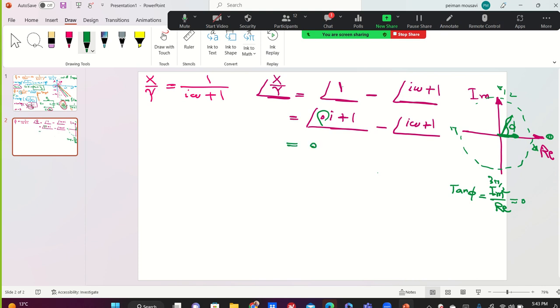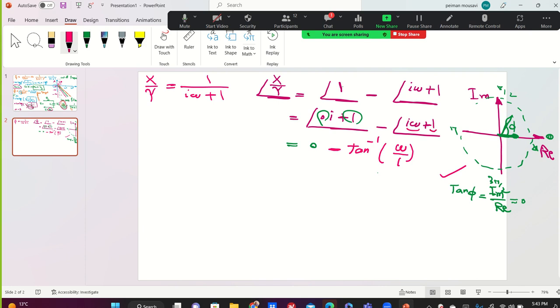Here we go. Angle 0, because this is here. Number 1. Understand what I'm talking about? Yes? Stop me if you don't. Now let us go for this. Minus, as I told you, tangent inverse of the imaginary part over the real part. Here we go.